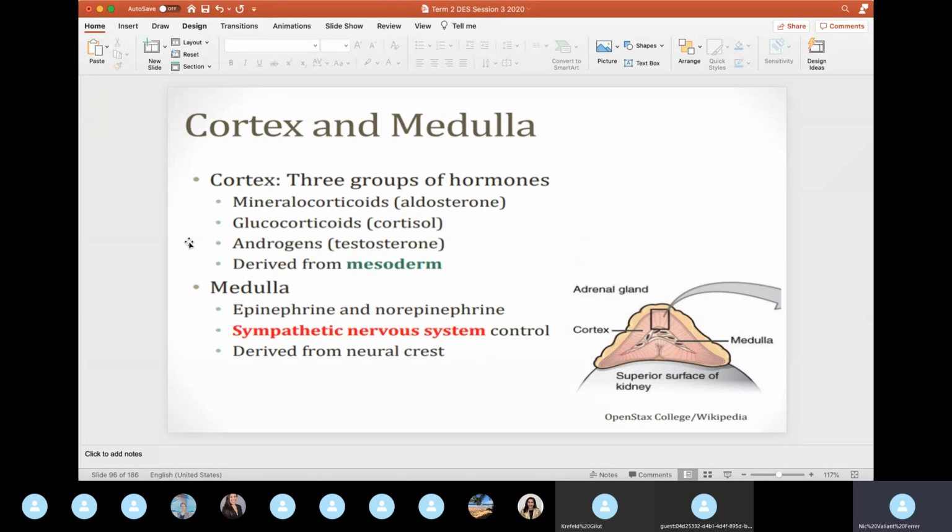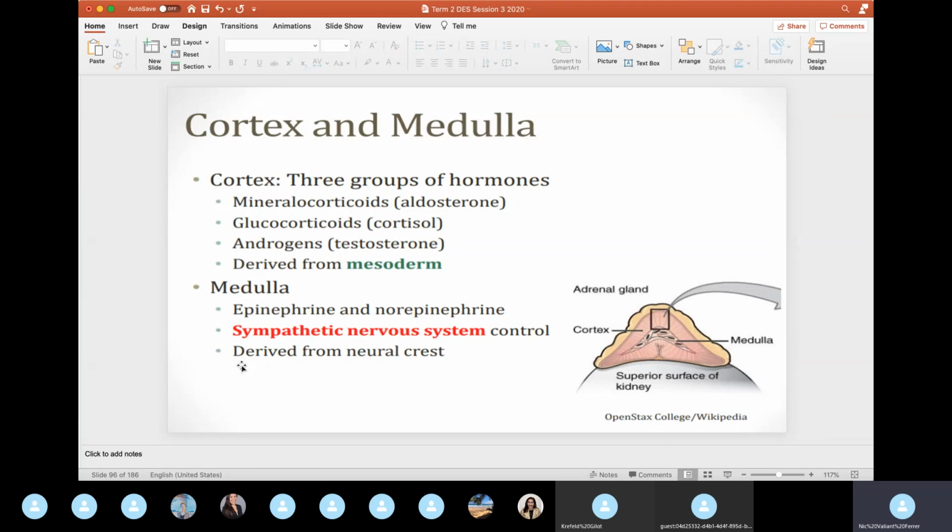So cortex and the medulla. Cortex, 3 groups of hormones: mineralocorticoids, glucocorticoids, androgens, derived from mesoderm. Medulla: epinephrine and norepinephrine. Sympathetic nervous system control. So the medulla is stimulated by the preganglionics. By what neurotransmitter of the presynaptic ganglion? The adrenal medulla is stimulated by what neurotransmitter? ACh.